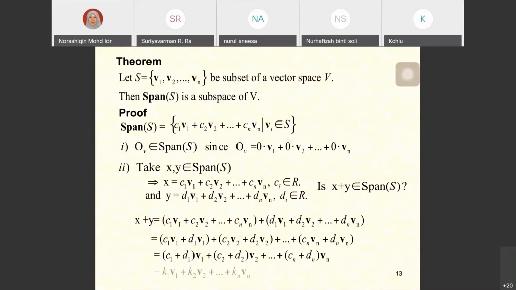So now this shows that X plus Y is in span of S. We just take C1 plus D1 and replace it with K.